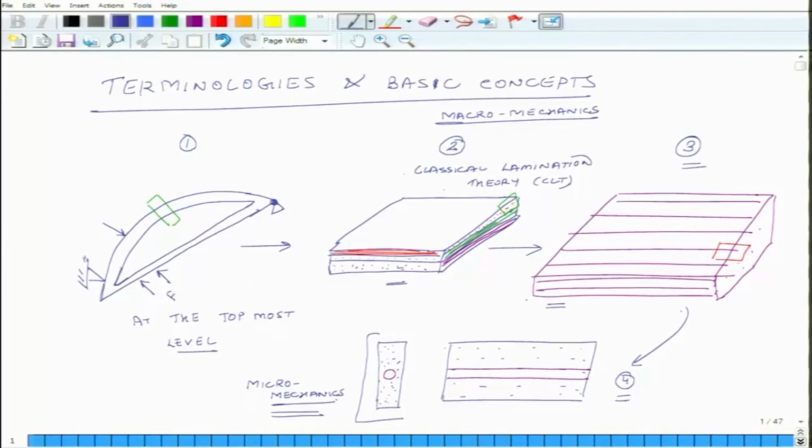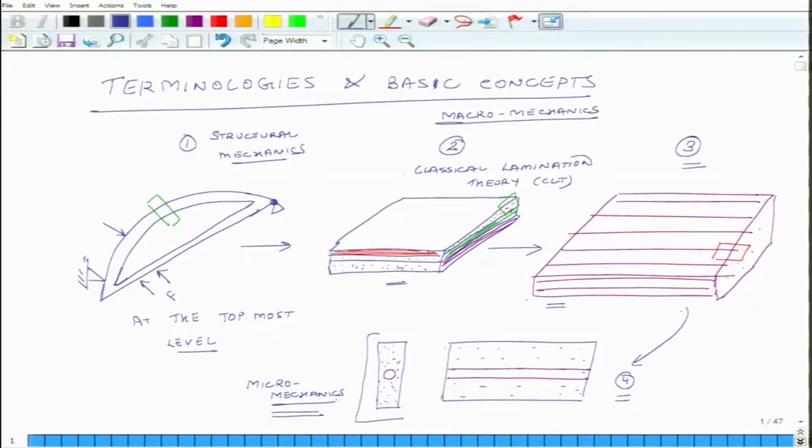Once we have knowledge of classical lamination theory, then using the method of structural mechanics, we can understand the overall behavior of the structure. So, we have to have a knowledge of micromechanics, an understanding of macromechanics, and integrate all this and incorporate it into structural mechanics equations, and only then can we understand the behavior of a composite structure. So, it is a tiered structure.